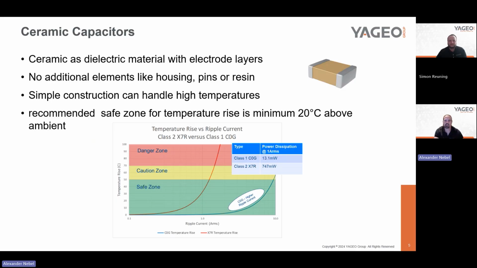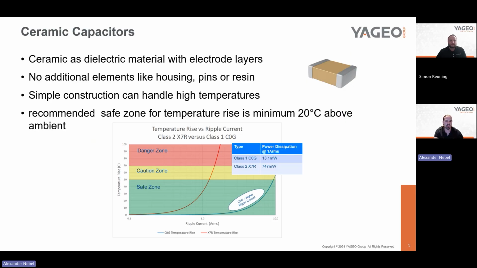Nevertheless, for resonant applications like WPT or LLC, our MLCCs heat up and the designer may experience overheating and not properly designing the network. Therefore, we do recommend a safe zone for the temperature rise, which is minimum 20 degrees above the ambient. And you can see this in the picture here, where we see the temperature rise versus the ripple current.